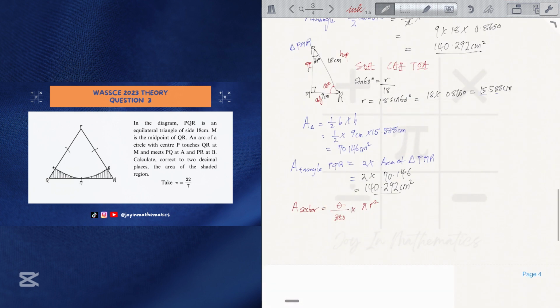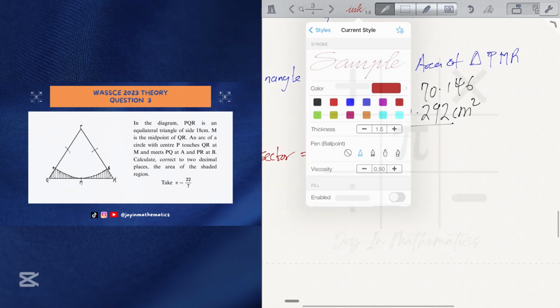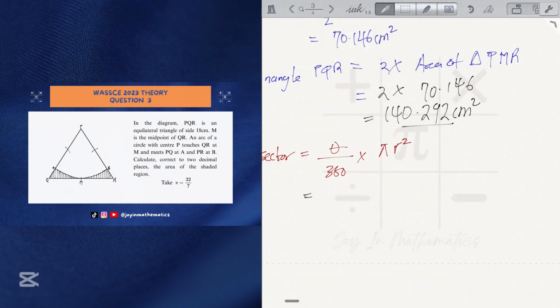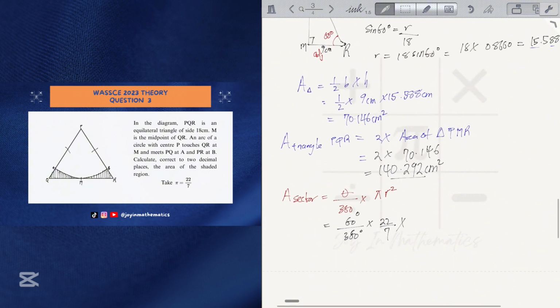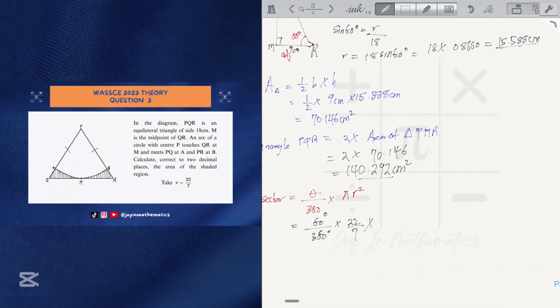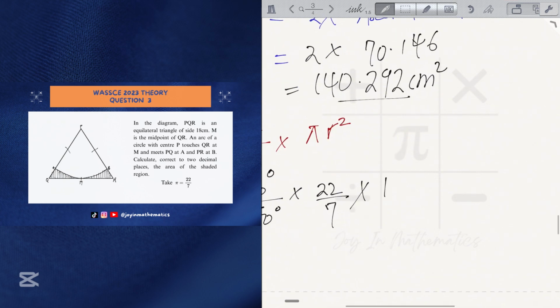Now let's apply that. Applying this, we'll have theta 60 divided by 360 degrees multiplied by pi. We're taking pi to be 22 over 7. We are taking the radius, which we evaluated to give us 15.588 centimeters, squared.